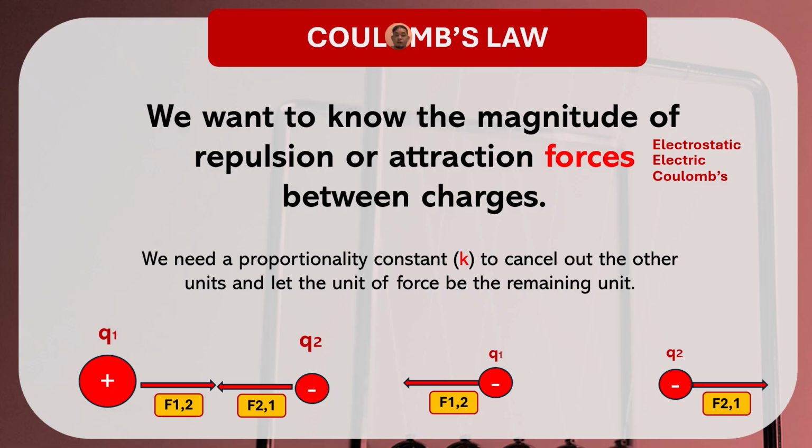So we need the constant K, and I made a video about the proportionality constant, or the Coulomb's constant, so you can check that one out. This Coulomb's constant is very crucial because it will cancel out other units and let the force be the remaining unit. It makes sense because we need to find the magnitude of forces, and the unit of force is the newton. That's why we need K, the Coulomb's constant, to come up with the unit newton.